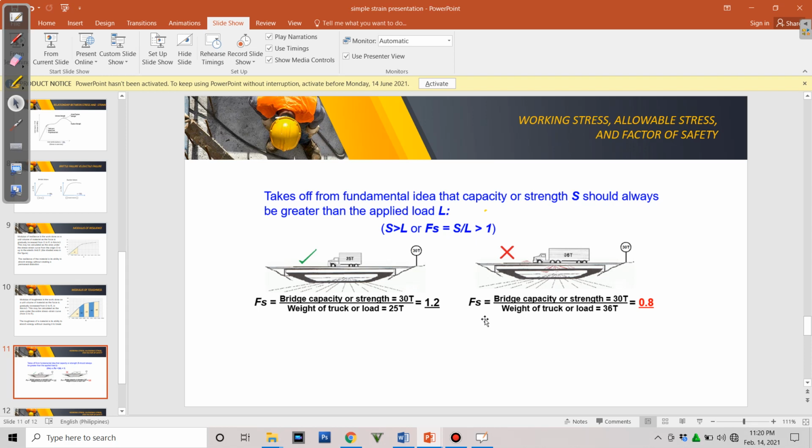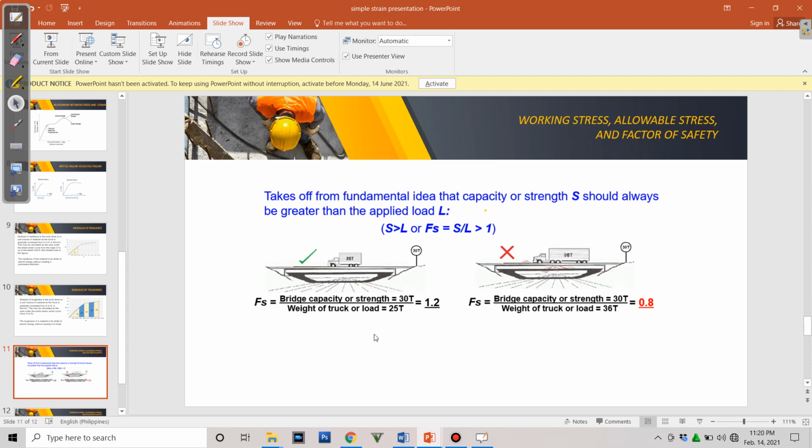So let me have here the working stress, allowable stress, and the factor of safety. Let me elaborate this by a simple figure here. It actually takes off from the fundamental idea that capacity or strength S should always be greater than the applied load L. As we can see here, factor of safety is the capacity of overloading.